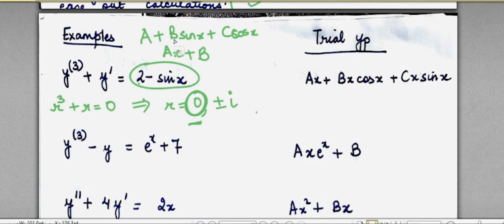Now what kind of terms will arise? If I integrate sin x, I am going to get a cos x type term. If I integrate cos x, I am going to get a sin x type term, and the derivatives will also be sin x, cos x type. So I'll have c sin x plus e cos x type terms after applying the 0 rule to this, because the 0 rule says that you have to consider the terms arising out of the integration of the normal trial yp done once, because 0 is appearing once, and then also look for any new terms arising out of its differentiation.